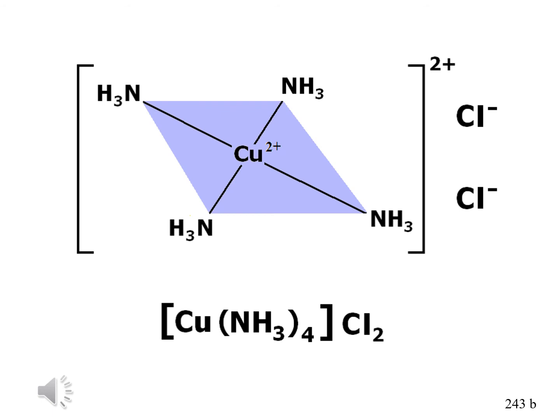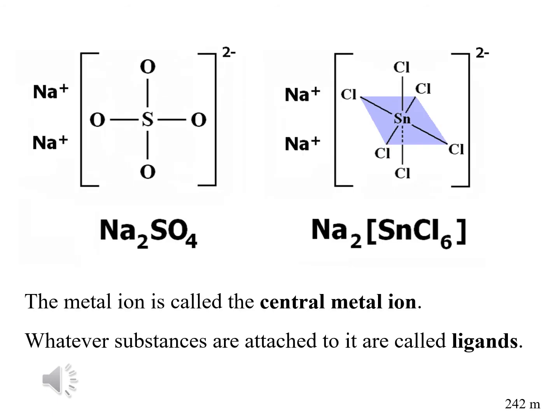One question I want to ask, though, is why did I put this one complex first? But in the sodium combined with the tin complex, I put the complex second. There's no mystery about this. In an ionic compound, the positive ion always gets written first in the formula. So if the complex is positive, it goes first. If it's negative, it goes second.